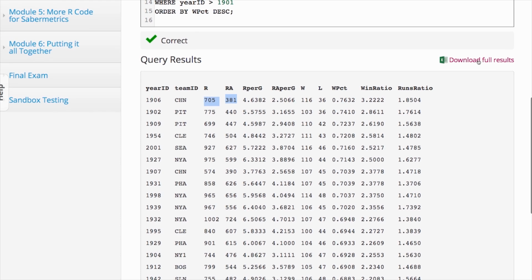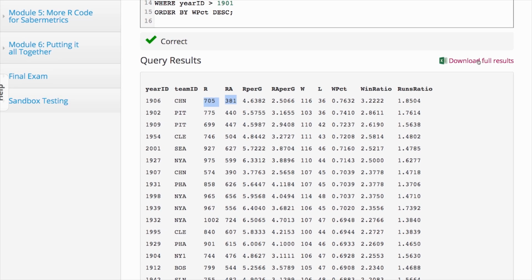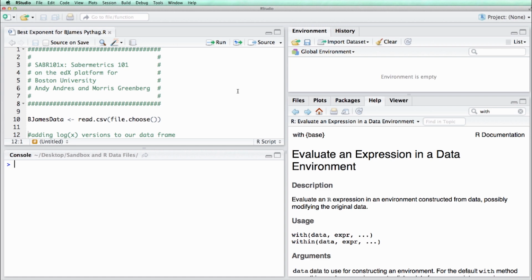Do a logarithmic transformation, then do a regression to find the right exponent. So here we are in R Studio, and we have written some R code to help understand this log transformation to estimate the exponent in the Pythagorean formula.